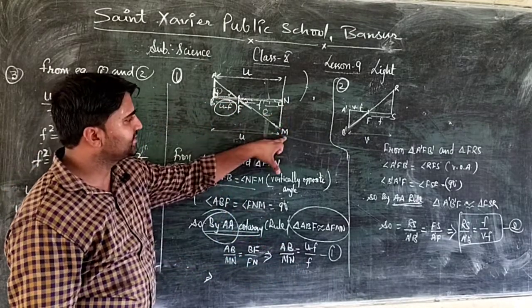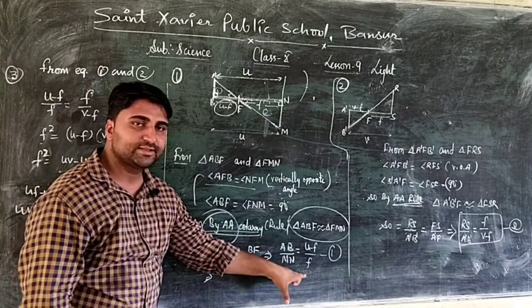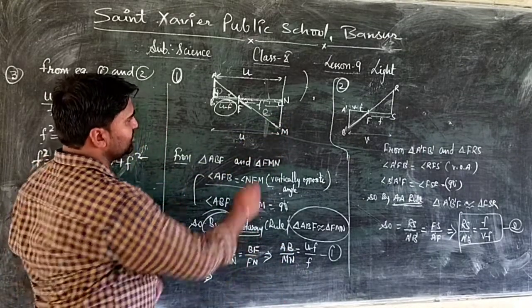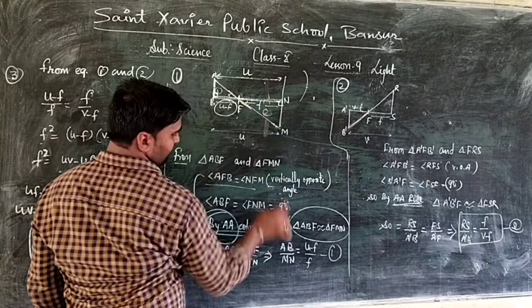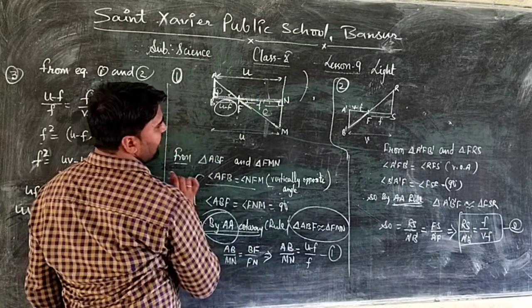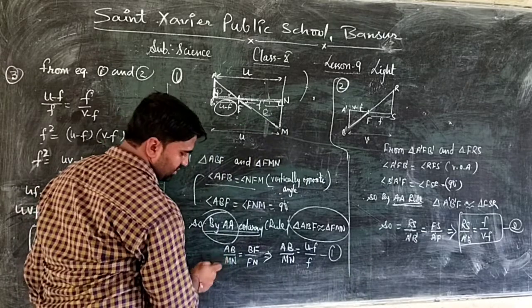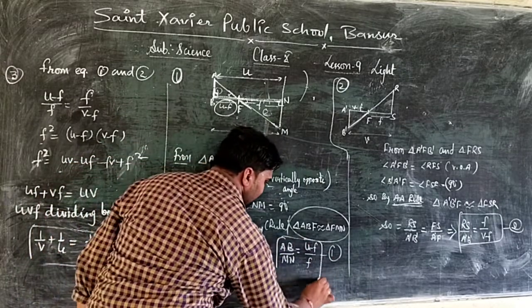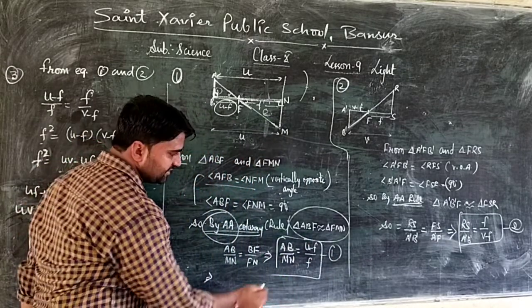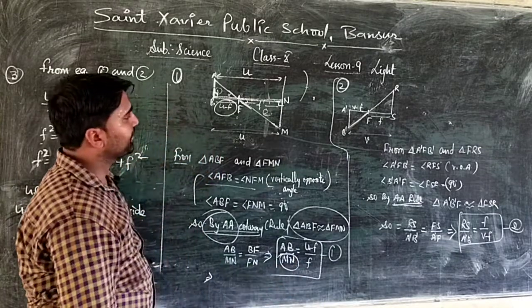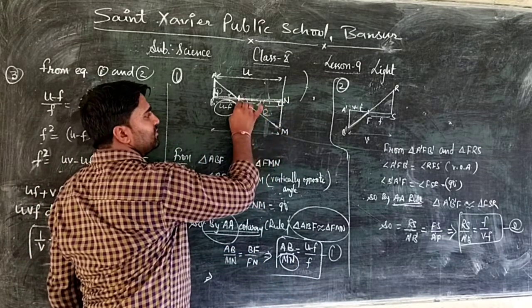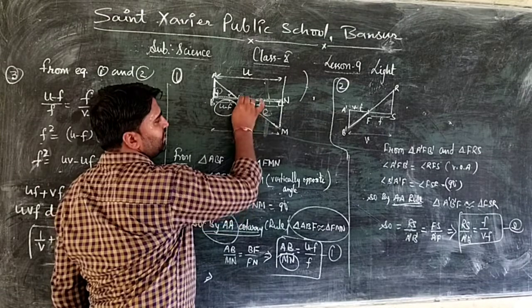And this Fn, the value of this Fn, is F. We have kept it here. So this is our first equation. But in this there is a little change, only this Mn. This Mn will be equal to the image.